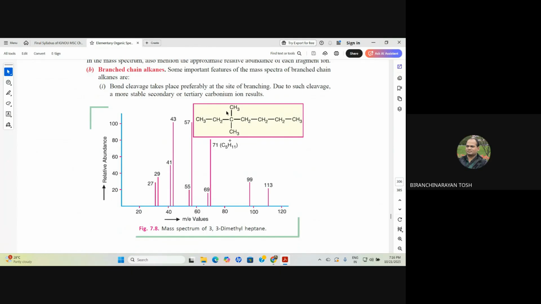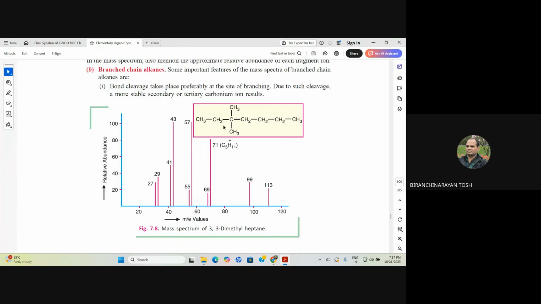One possibility is a tertiary carbocation and primary free radical, or the tertiary free radical and primary carbocation. That means C5H11 plus or C4H9 plus.